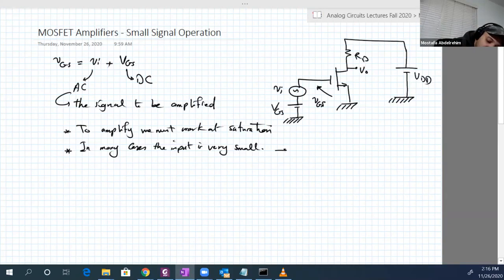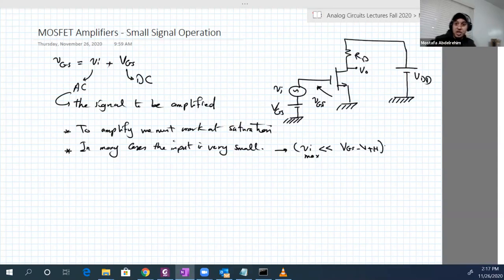So V input maximum is much less than VGS minus V threshold. It's generally a variable signal that has a maximum and minimum. It's AC. So let's see how the circuit will behave under that condition.